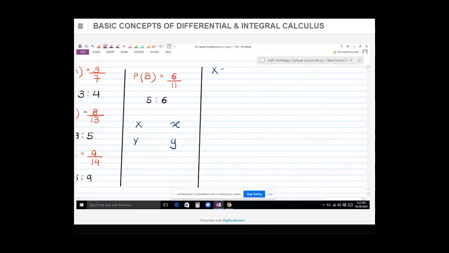X is a random variable which will take the values like 0, 1, 2. बराबर, वेरी गुड, परफेक्ट.